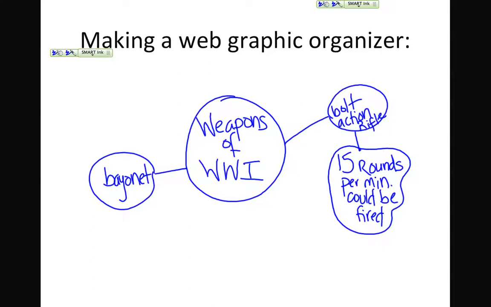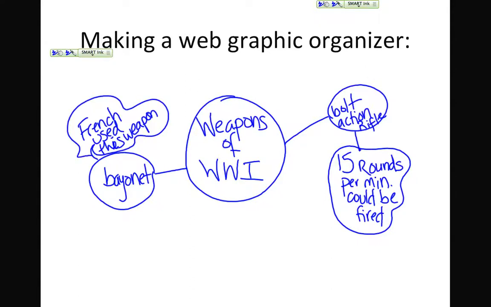The information that it's given is just, it tells me that the French soldiers used this instead of British soldiers. So, okay. Hopefully you get the idea.